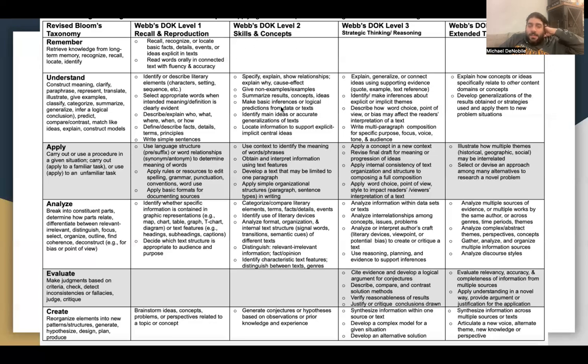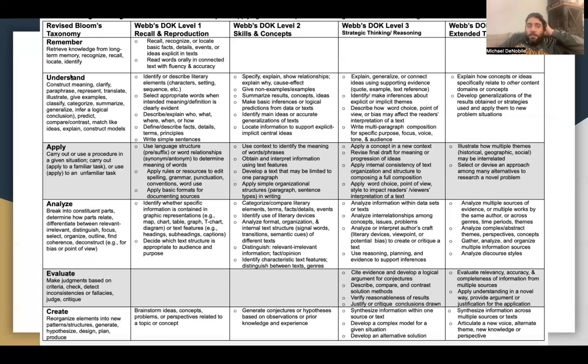So it's adding skills and concepts. At level 3, now let's see, describe how word choice, point of view, or bias may affect the reader's interpretation of the text. So now we're really starting to dig deep in their strategic thinking and reasoning. This particular question is still simply an understanding question. So it's only a Bloom level 2, but it's a DOK level 3.